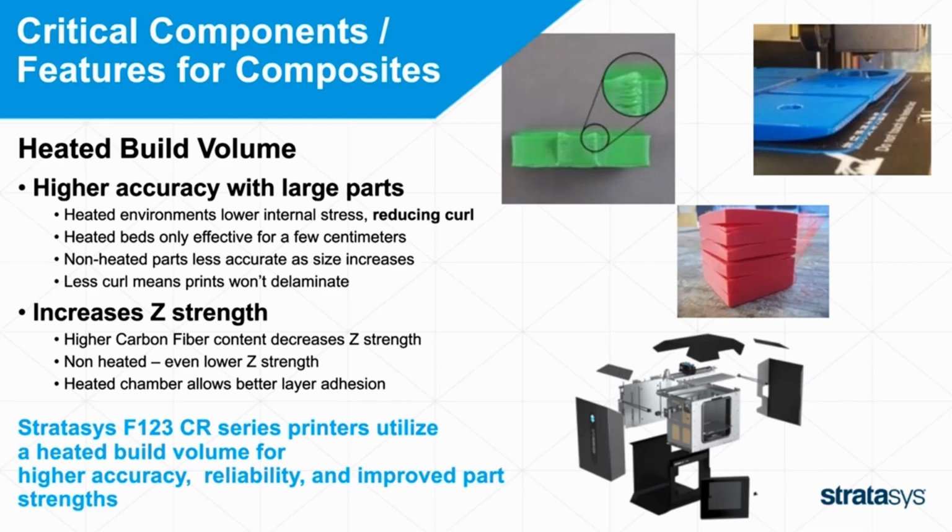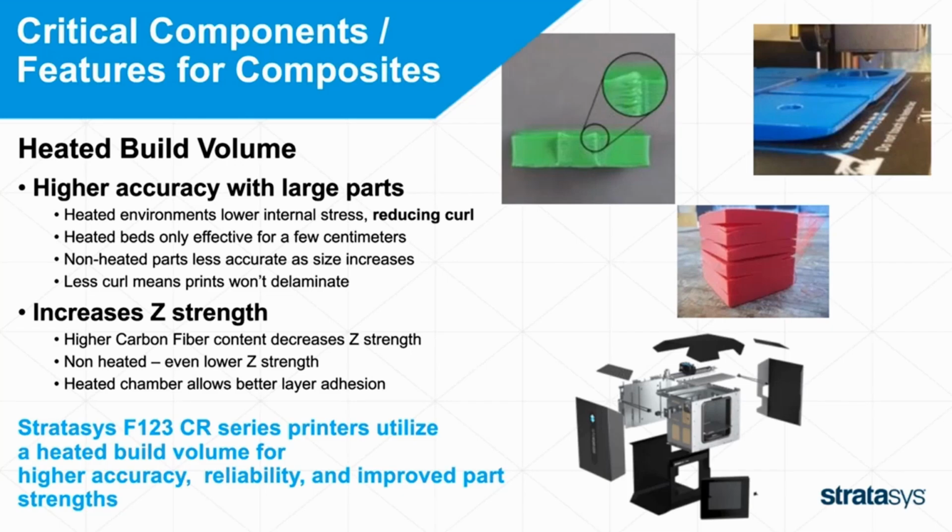By the time you get back to printing another layer on it, that layer has cooled so much that you don't have very good entanglement or bonding between those two layers. The heated chamber will keep that part at a higher temperature, so that when you put a new layer on top of the previous printed layer, you have better polymer entanglement, which gives you better Z strength. A heated environment is much better for Z strength in carbon fiber parts.